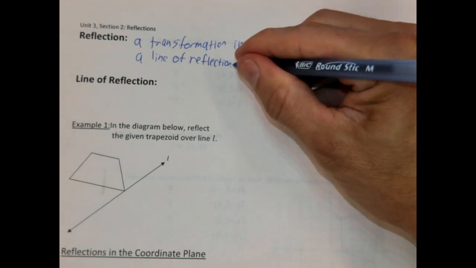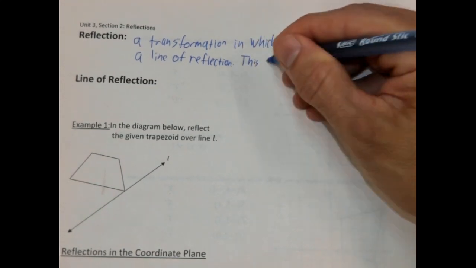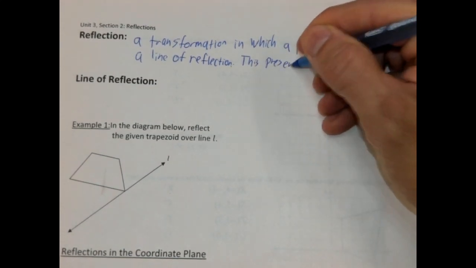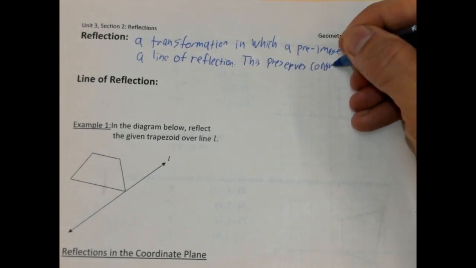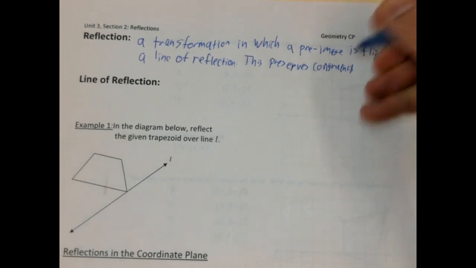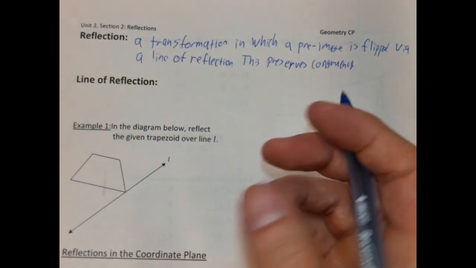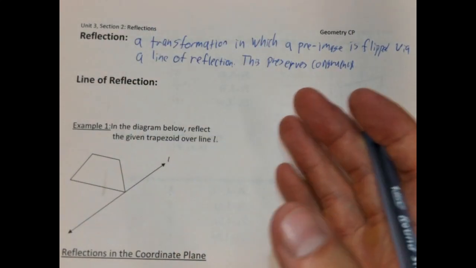This preserves congruency. Okay, so what does that mean? So basically, we're going to take a pre-image, we're going to flip it, and it's still going to be the same shape and same size.